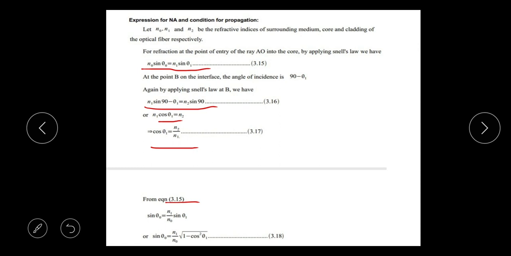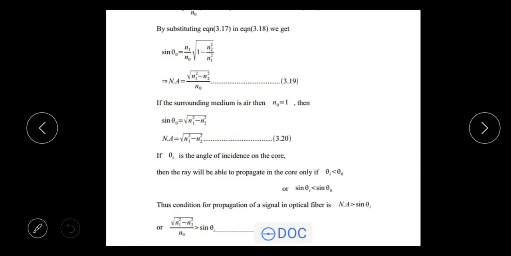Let us substitute equation 3.17 in equation 3.18. We have to substitute for cos theta 1. So we get another equation here. Therefore sin theta naught is equal to N1 by N0 root of 1 minus N2 square by N1 square.